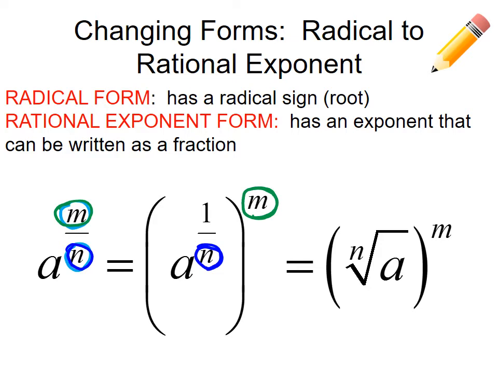Well, based on our previous examples, we know that the denominator becomes our index value, whether it be cubed root, fourth root, fifth root, and so on. And the m remains our exponent, and we will deal with it as we have dealt with exponents for the last week.